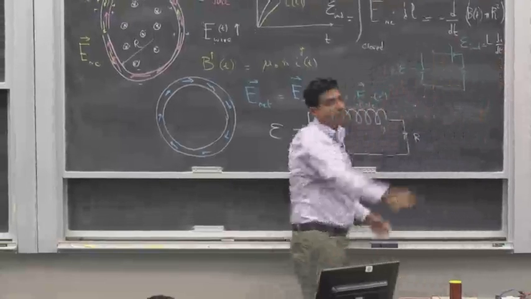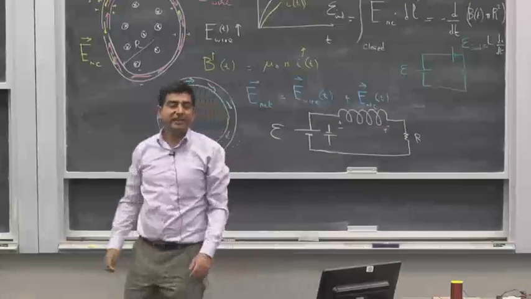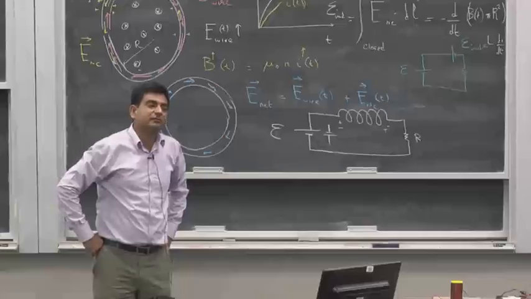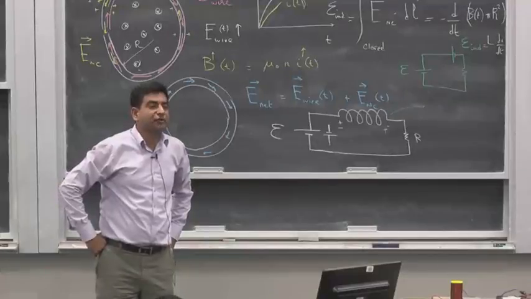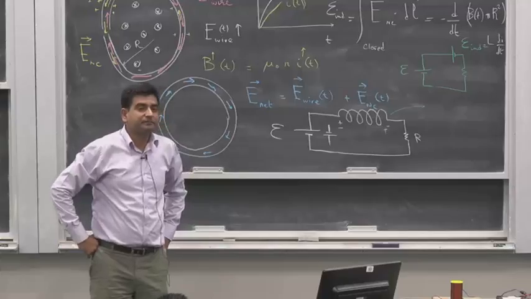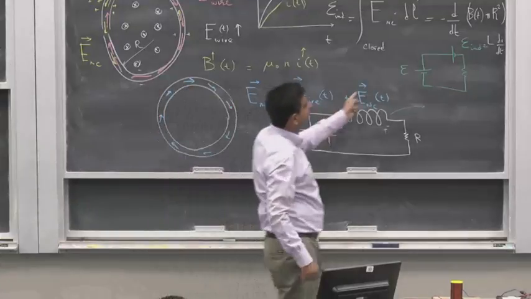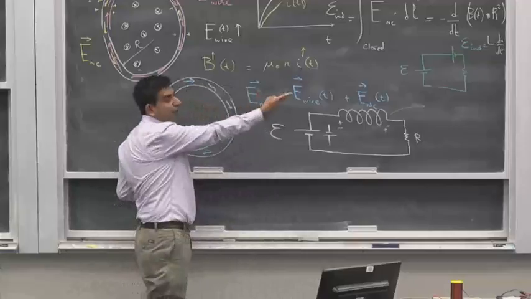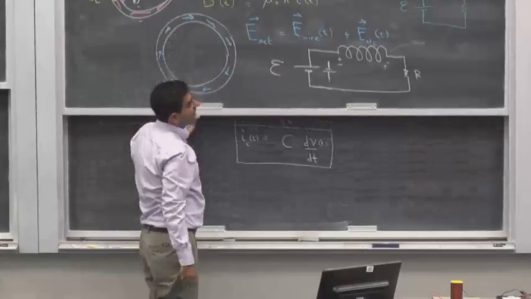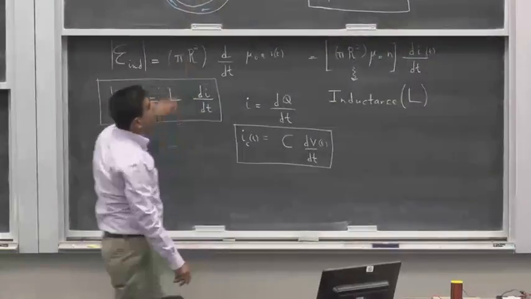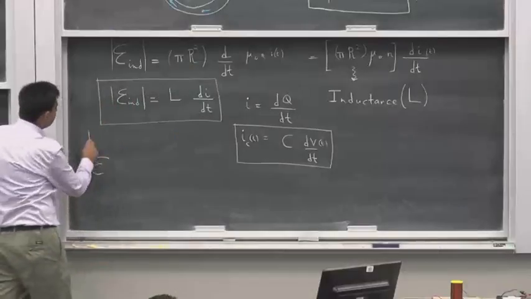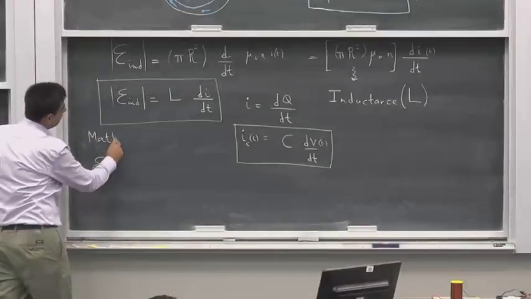Now around this closed path, what's going to be the line integral of the electric field? That's going to be 0. If a current is flowing through this circuit, E dot dl around this path has to be 0. So Kirchhoff's voltage law is going to be applicable here. So if you apply Kirchhoff's voltage law here, E, the EMF of the battery, I'm going to mathematize what happens inside an inductive circuit.